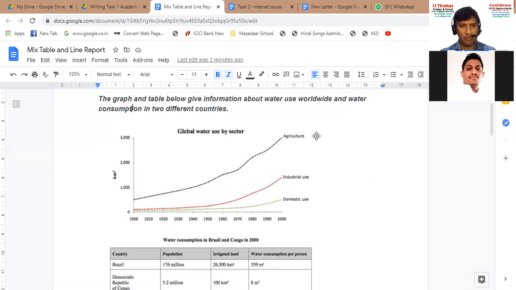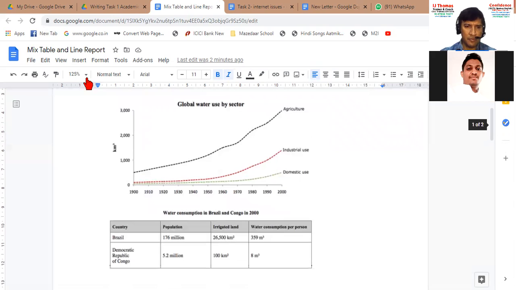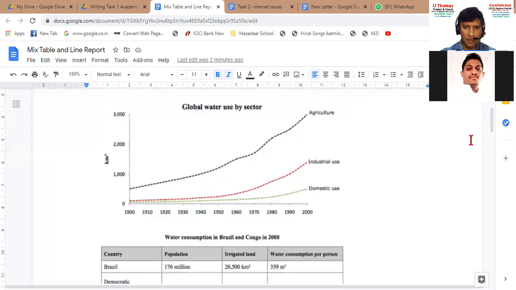But agriculture showed a tremendous growth from the starting of the 1900s and reached in the end the topmost level, around 3000. Great. Now, can you look at this table and see what is happening?